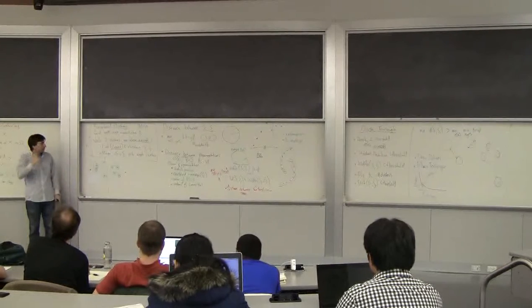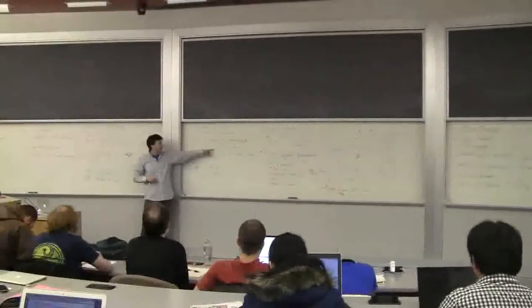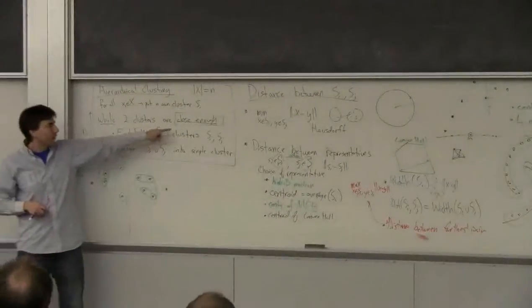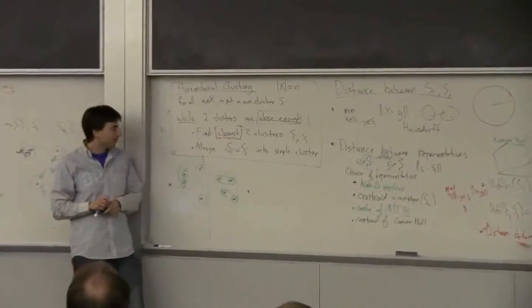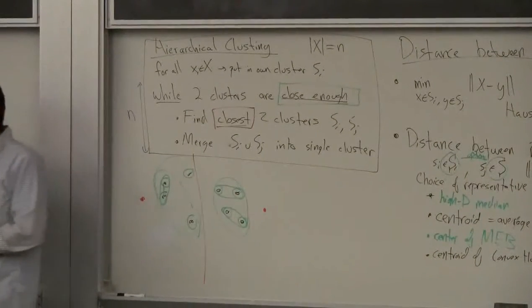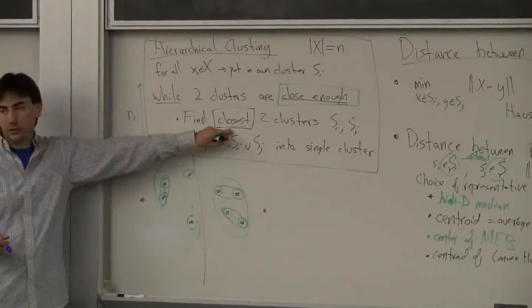Okay, and so I want to find the two closest clusters. Let's assume that I can define close enough based on the closest two, so I just need to find the closest two. How do I find the closest two clusters?